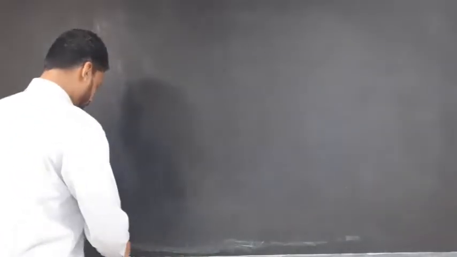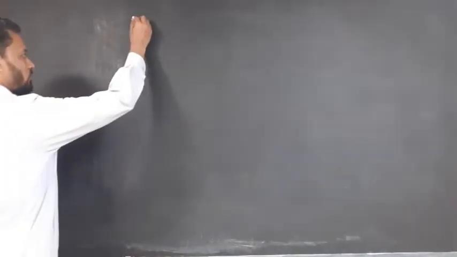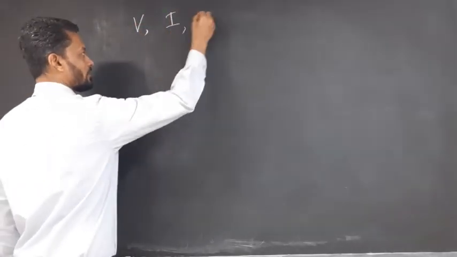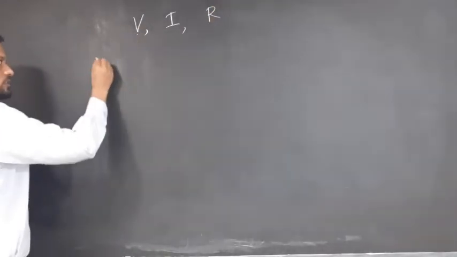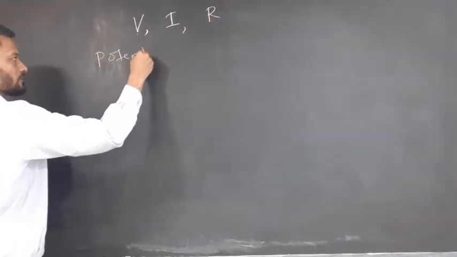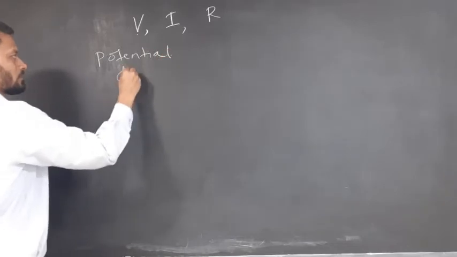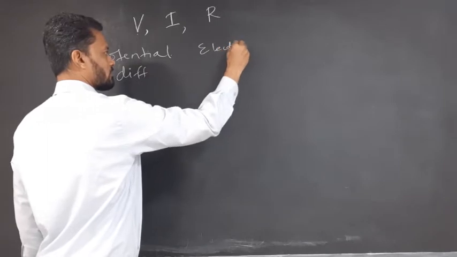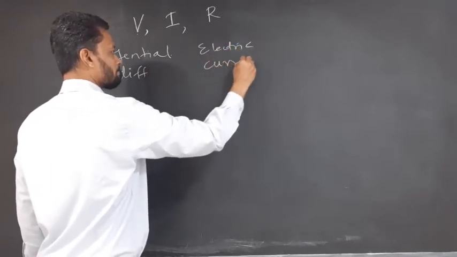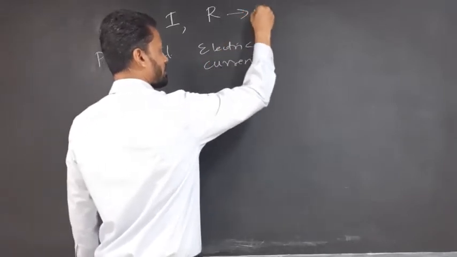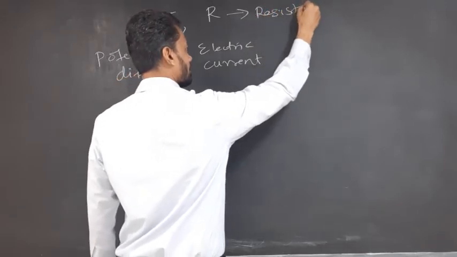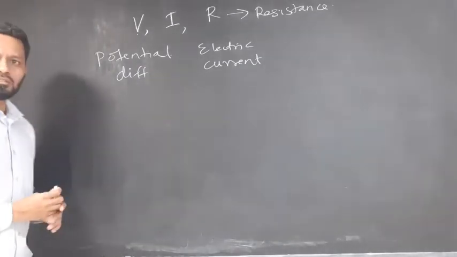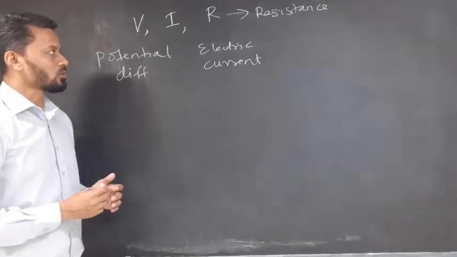Since we know so far what V, I and R are: V is potential difference, I is electric current, and R represents resistance.